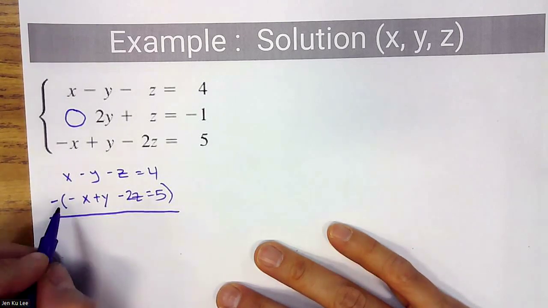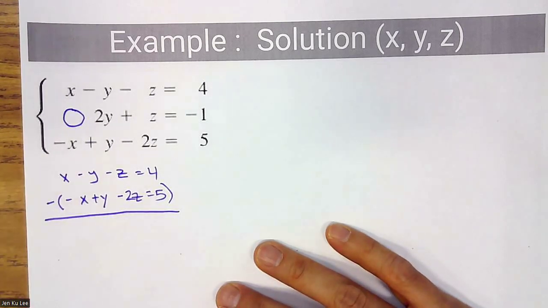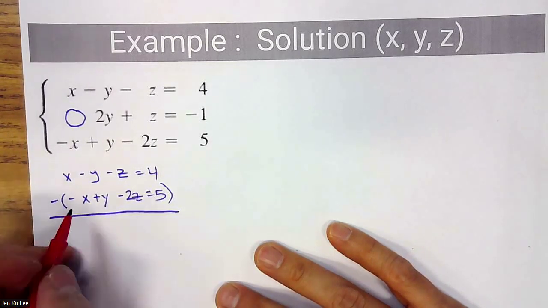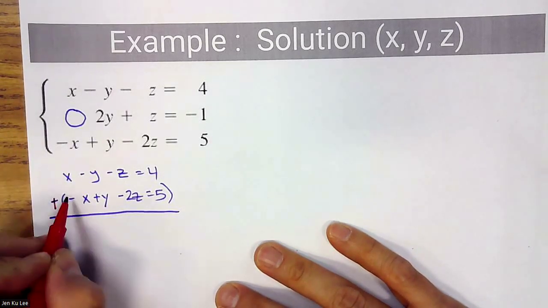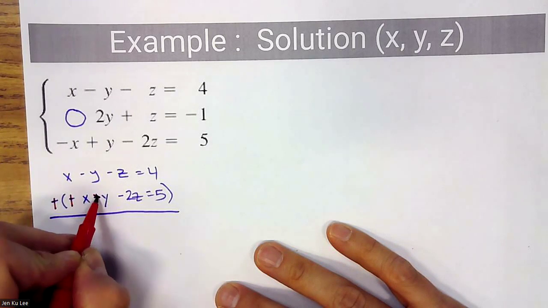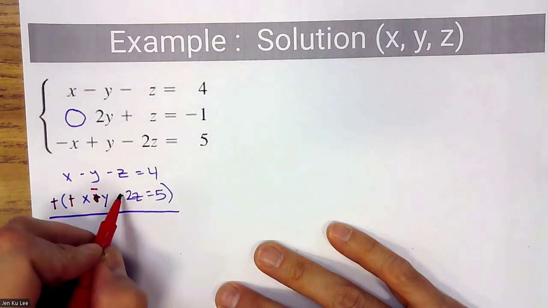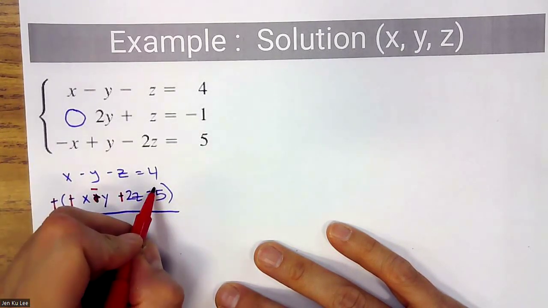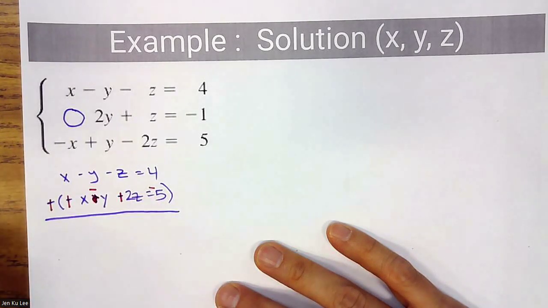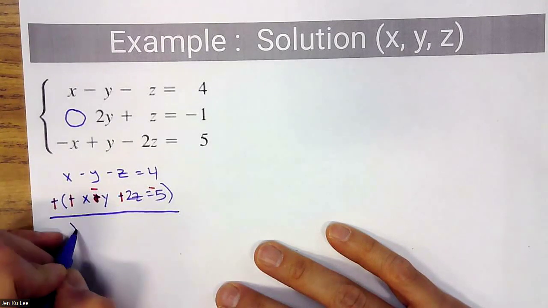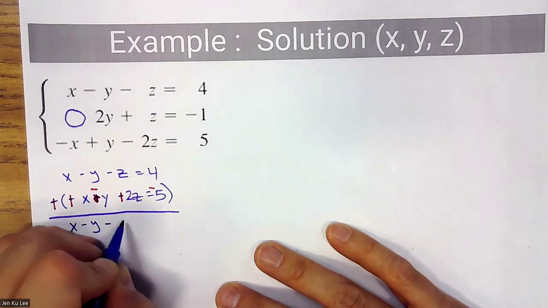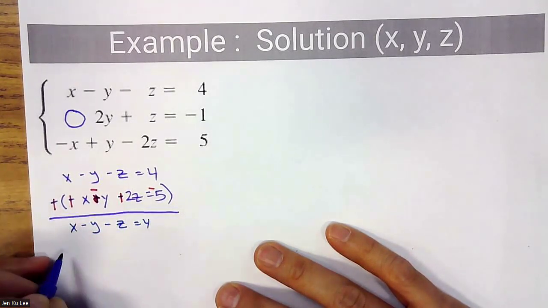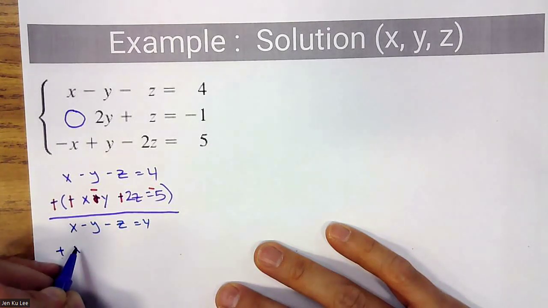But instead of minusing, I'm just gonna switch the signs. Okay, so I'm gonna make that a positive, this a positive, this positive a negative, this negative a positive, and that positive a negative. So if I rewrite this whole thing, x minus y minus z equals 4, it's gonna be plus.